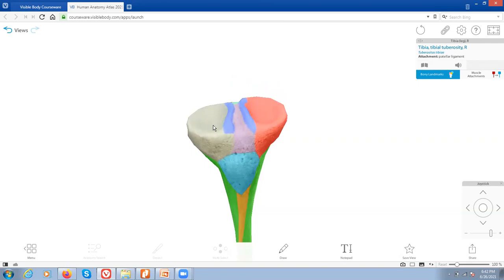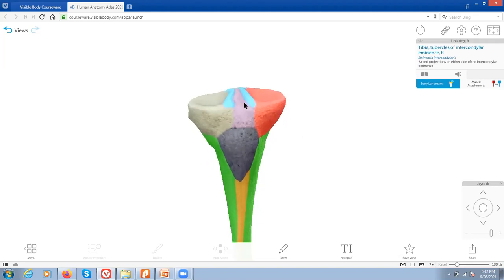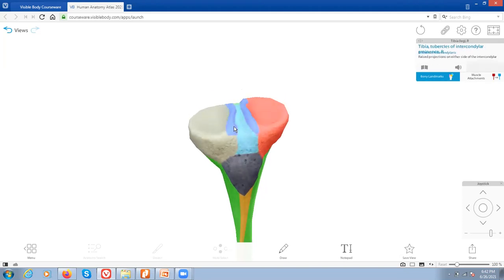We also have the lateral and medial condyles. So those are going to be the articular surfaces that match up with the femur. Then this bumpy region right here is called the intercondylar eminence. And there is, well, we probably don't need to know the middle portion, but right there, do you know the eminence?